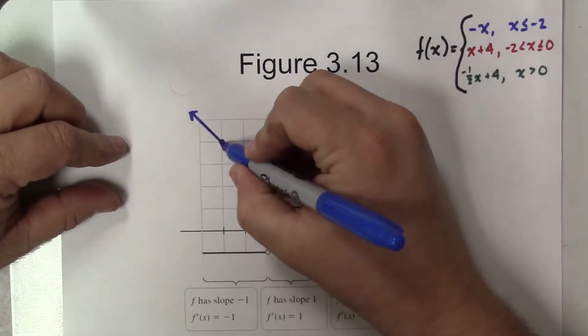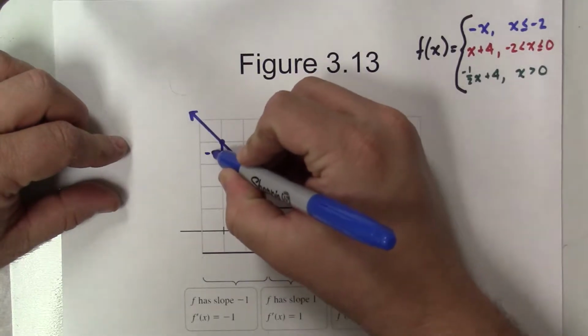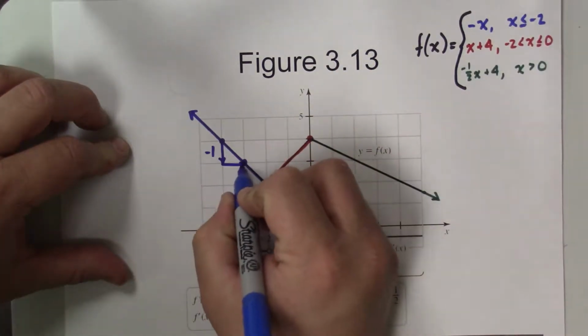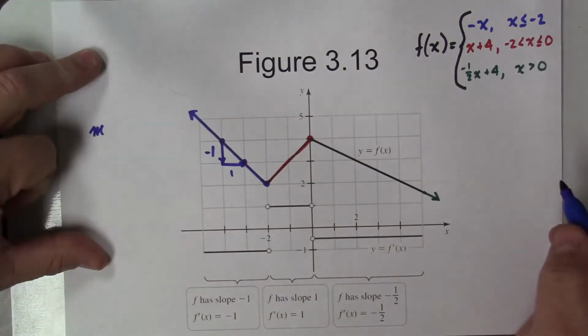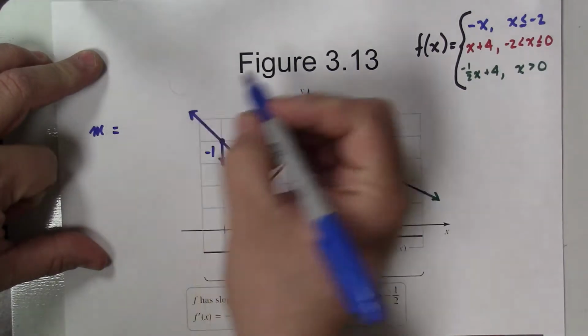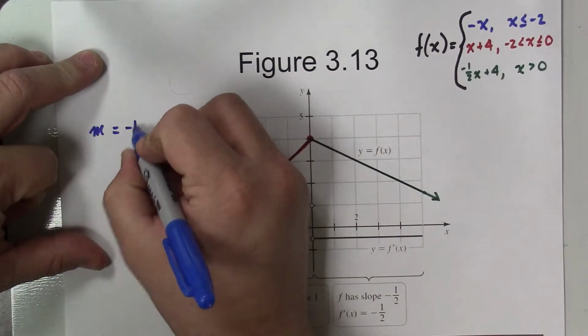For every point, I go down 1 and over 1, so the slope in the blue term is -1.